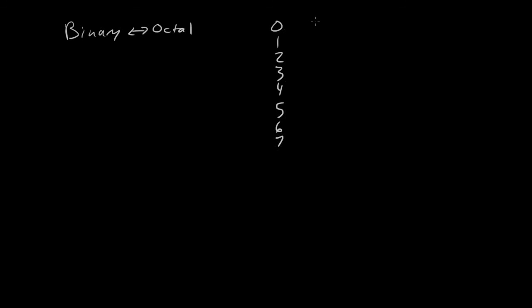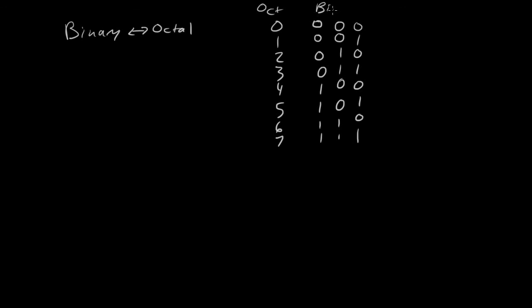And then we have 0, 0, 0, 0, 1, 1, 1, 1, then 0, 0, 1, 1, 0, 0, 1, 1, and finally 0, 1, 0, 1, 0, 1, 0, 1. So this is our octal, this is our binary.